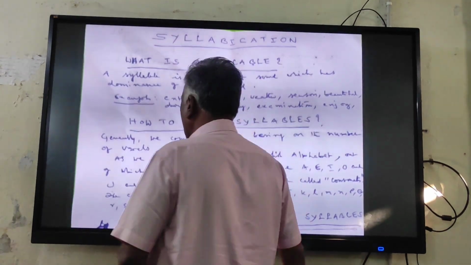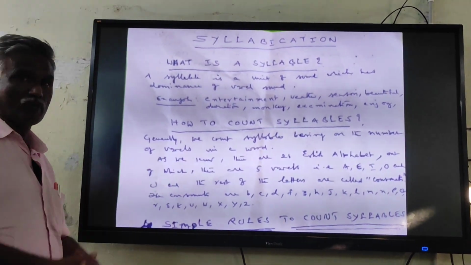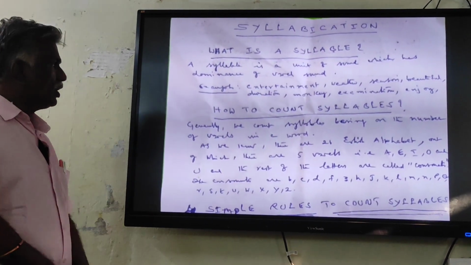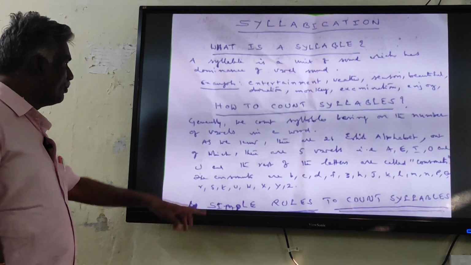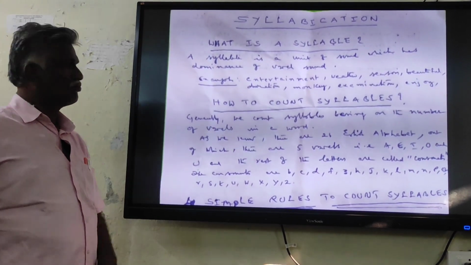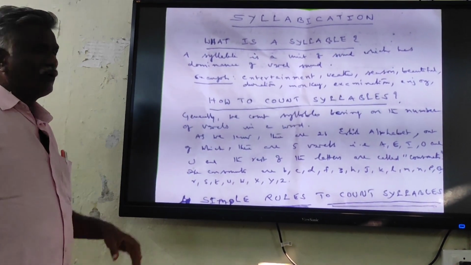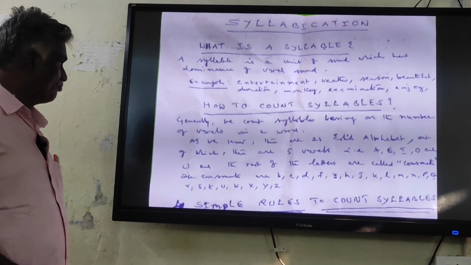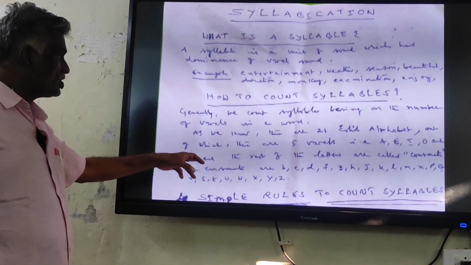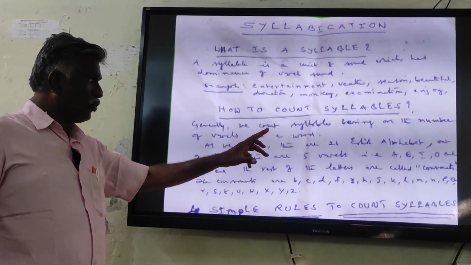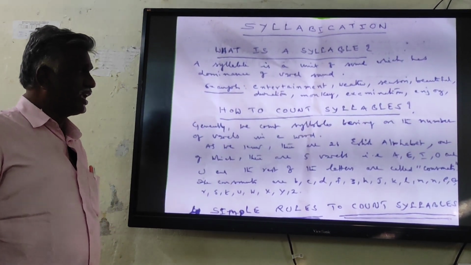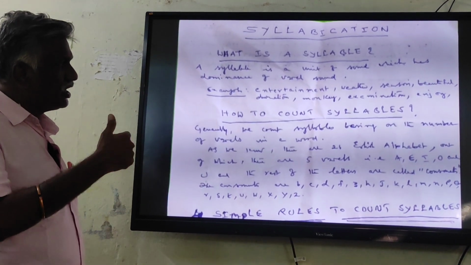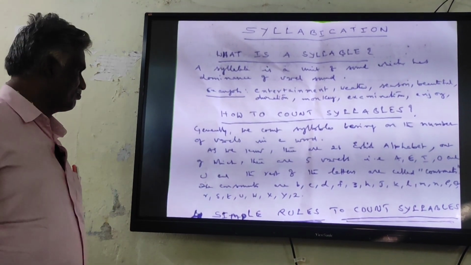Let us come to this topic, that is how to count syllables. Generally, we count syllables basing on the number of vowels in a word. As we know, there are 26 English alphabet letters, out of which there are 5 vowels, that is A, E, I, O, U, and the rest of the letters are called consonants.